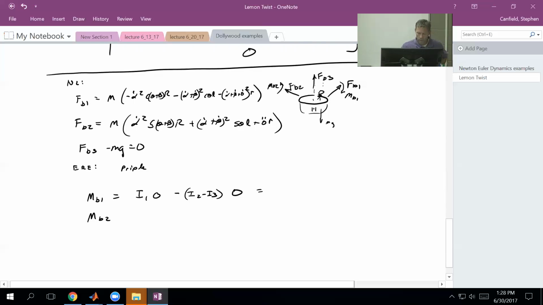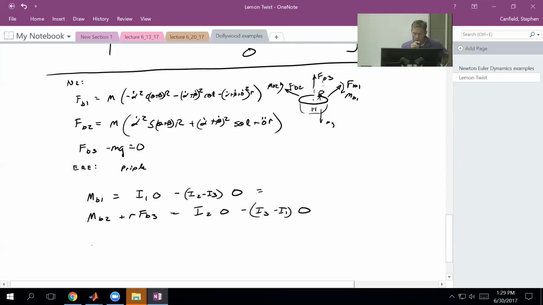This is about the centroid, so we would get a plus an R times FB3 equals I2 times alpha 2, which is 0, minus I3 minus I1 times omega 3 times omega 1, which is 0. And then finally, MB3, which we don't have any.